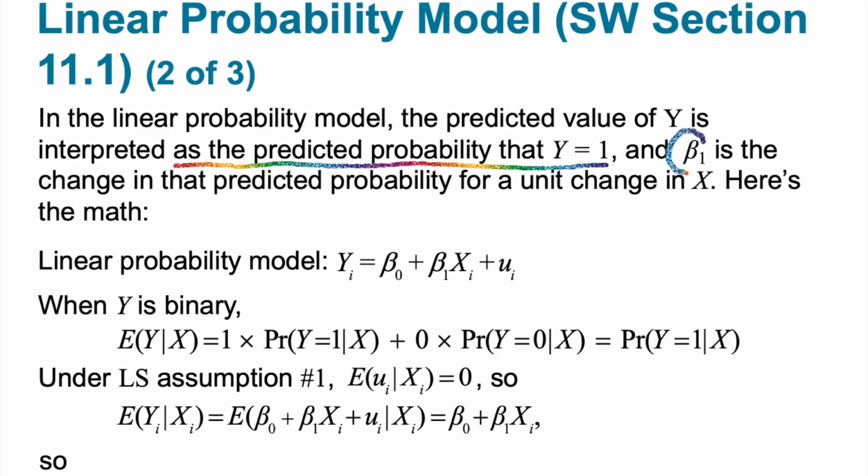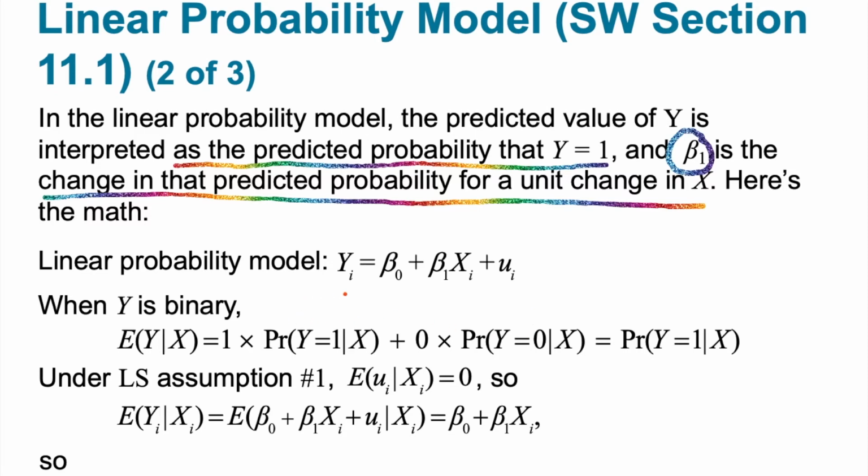Beta 1 is the change in that predicted probability for a unit change in x. So if y equals 1 represents mortgage denial, then the predicted value of y is the predicted probability that a mortgage is denied. And beta 1 will represent the increase in the probability that a mortgage is denied for an increase in, say, the number of bad loans you have on your credit, or whatever is represented by x.